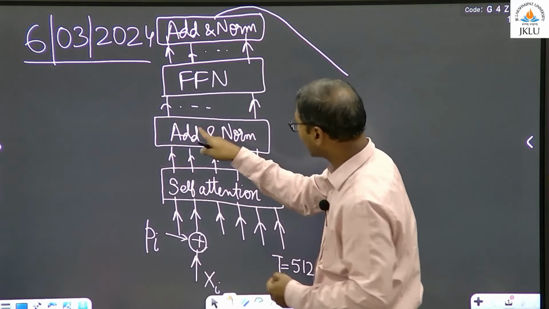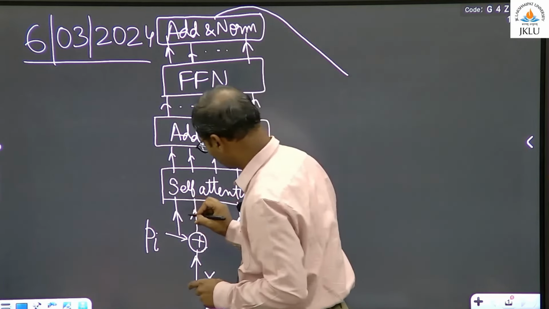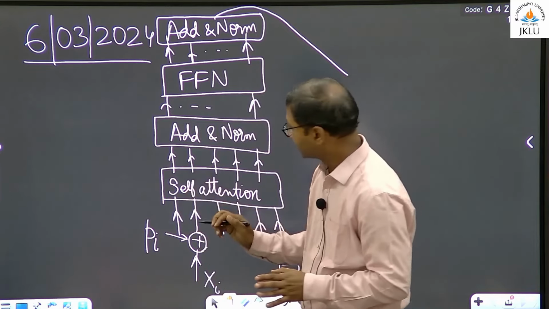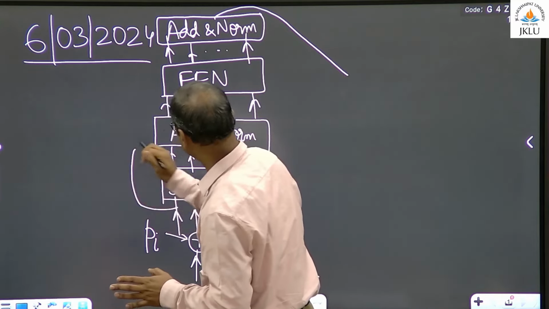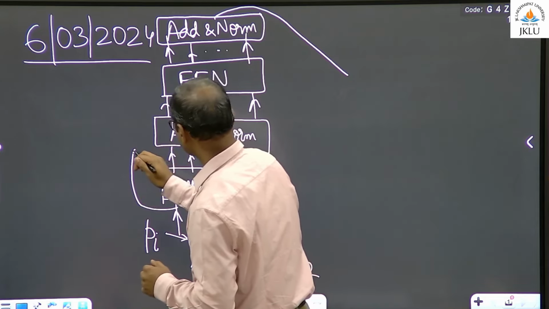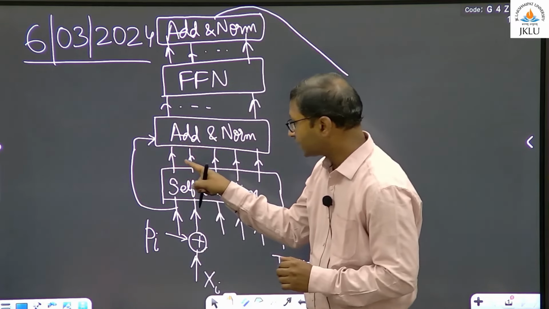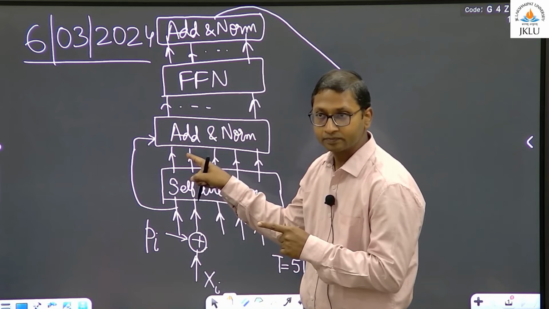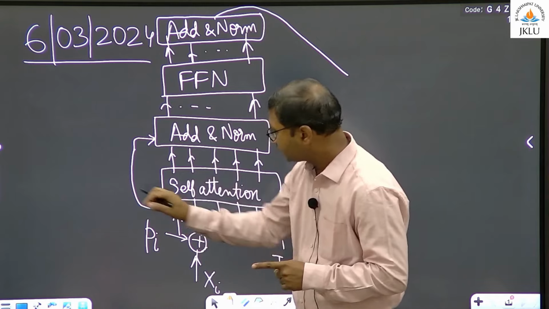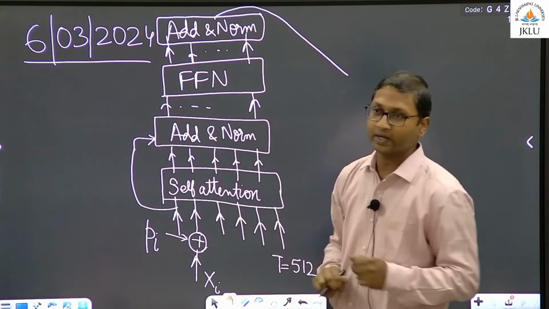So what is it that you add and norm? Whatever embeddings you have supplied to self attention, you basically send them here as well. So whatever the output of this is and the previous input that you had, you add them and normalize it.